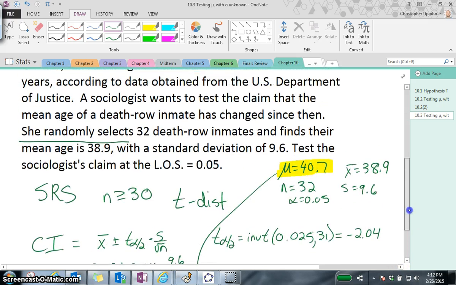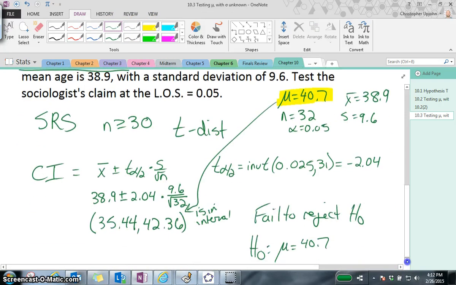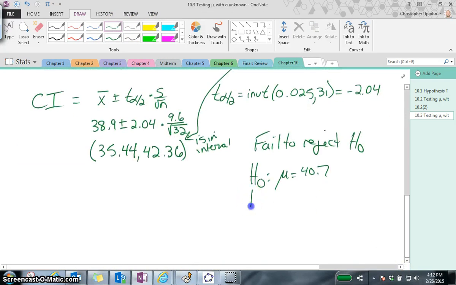And because we're just looking to see if it's changed, we're doing a two-tailed test. H one is mu not equal to 40.7. So we fail to reject. That's the confidence interval way. Not really any different than what we did with the normal distribution.